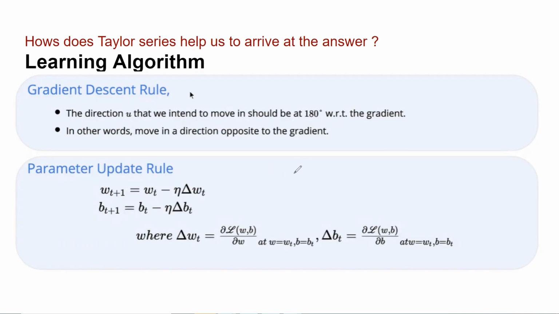But in that case, the disadvantage is that we do not have any mechanism to control our update. Here we have defined eta. So obviously in that algorithm there was a certain flaw.